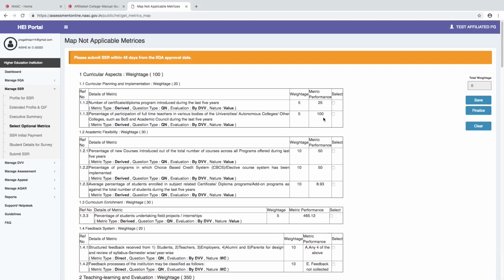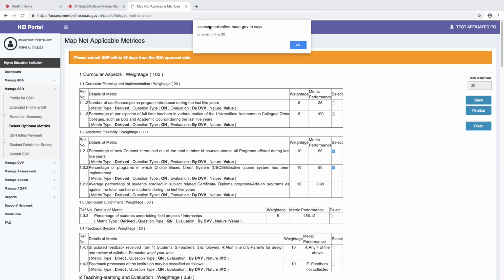The rules of the opt-out are that one cannot opt out of the essential metrics, and that is why the essential metrics are not listed in these lists. One cannot opt out more than 20 weightage in one criteria. So if I try to take more than 20 weightage in a criteria, it would throw up an error here. And in total, I cannot opt out more than 50 weightage.